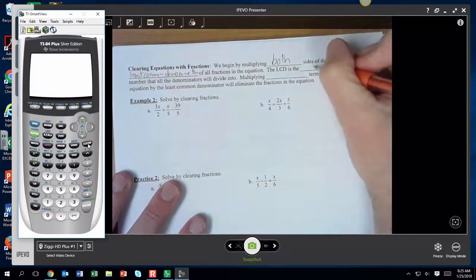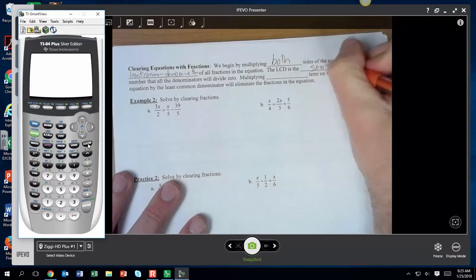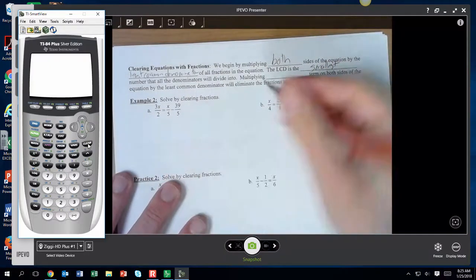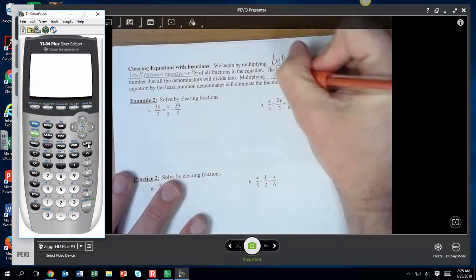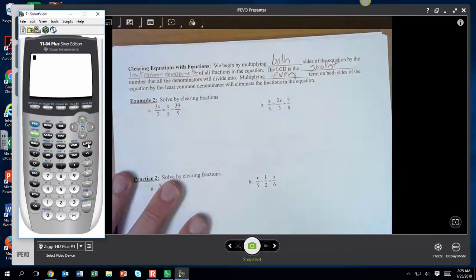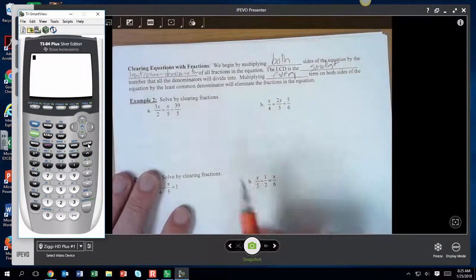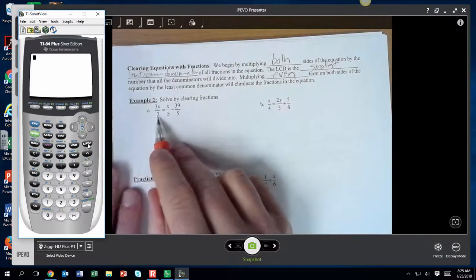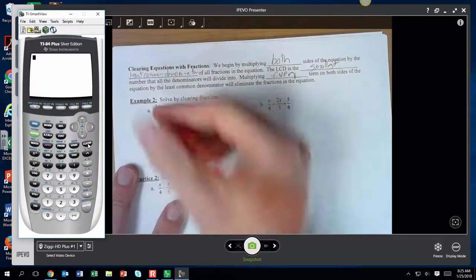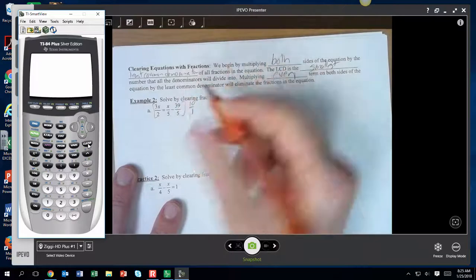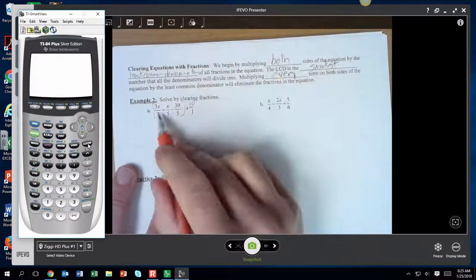The least common denominator is the smallest number that all denominators will divide into. Multiplying every term on both sides of the equation by the least common denominator will eliminate the fractions in the equation. So here I have a 2 and a 5 for my denominator, so my least common denominator would be 10. I'm going to multiply everything by 10 over 1.